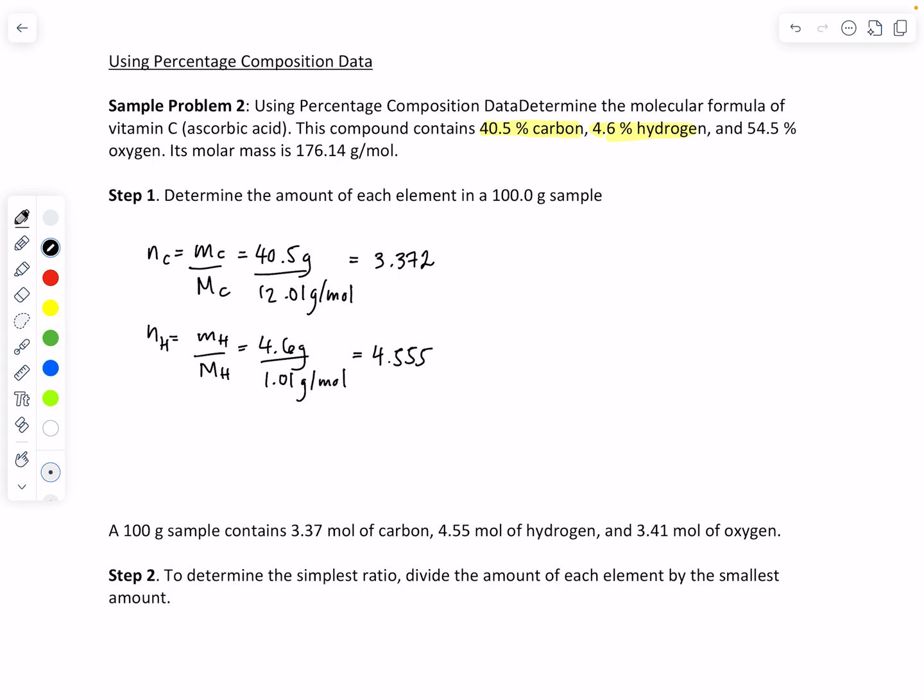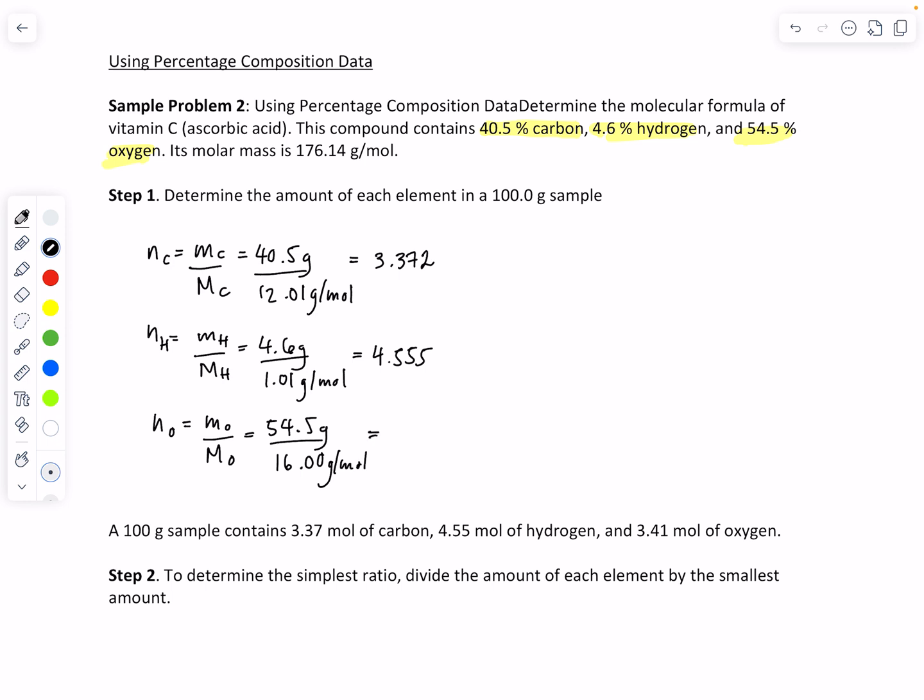Let's do the same for oxygen. The number of moles, or the amount of oxygen, is the mass of oxygen divided by the molar mass of oxygen. So 54.5% becomes 54.5 grams out of 100 grams, divided by 16.00 grams per mole.